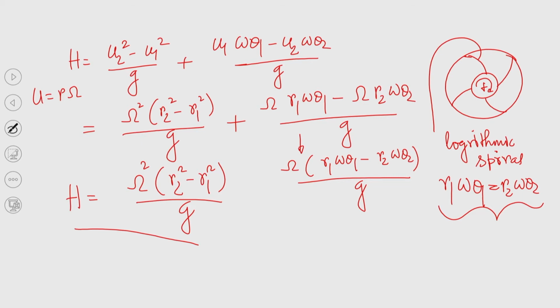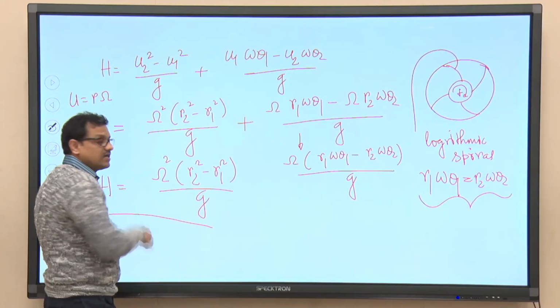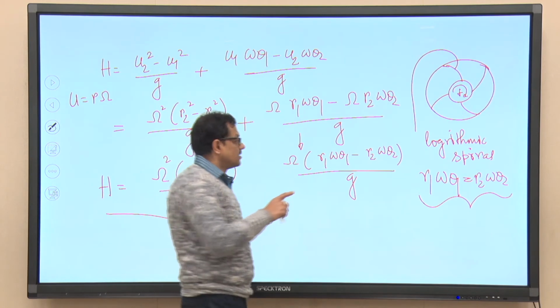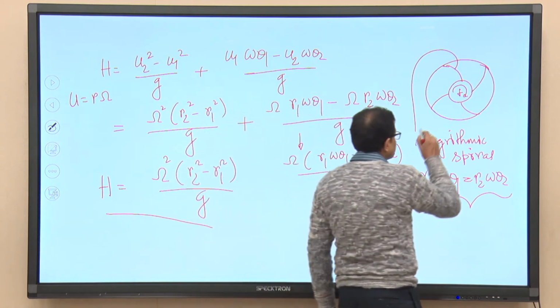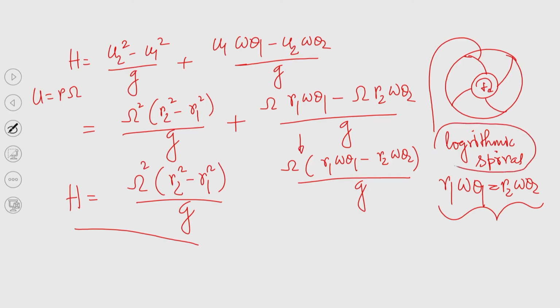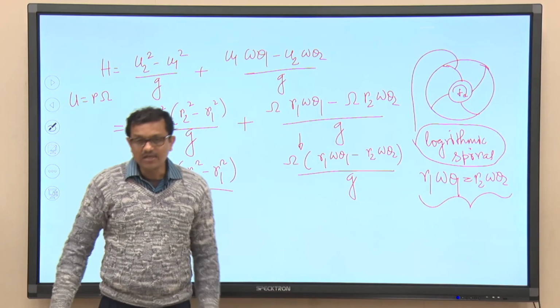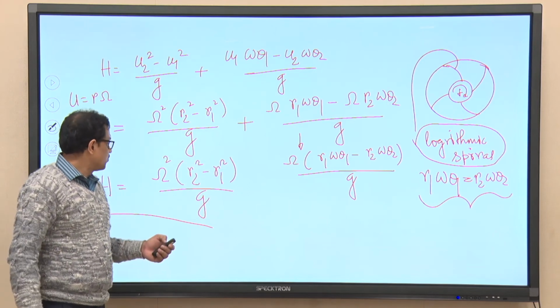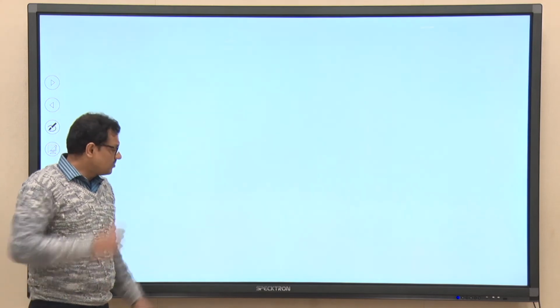If we increase r2, then the head that will be developed by the pump can be increased, provided the blades are following the logarithmic spiral. Okay. So, now if we quickly move to solve one problem.